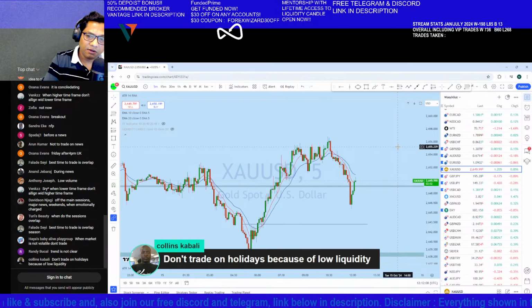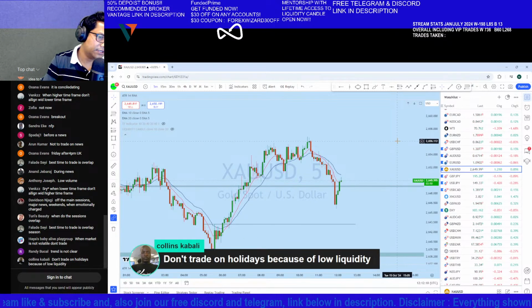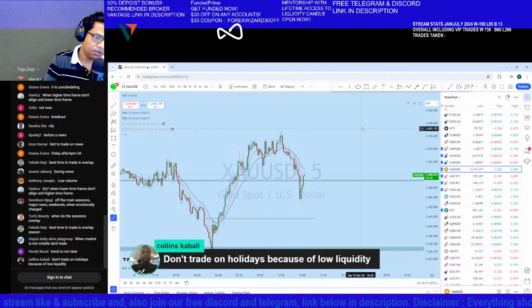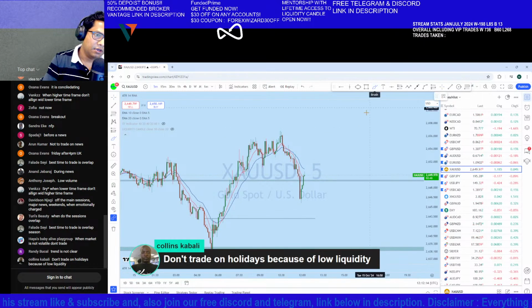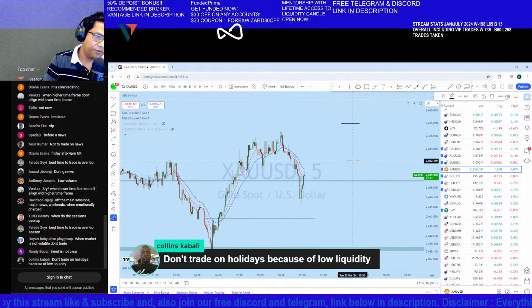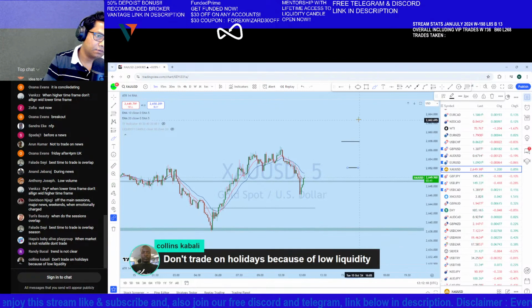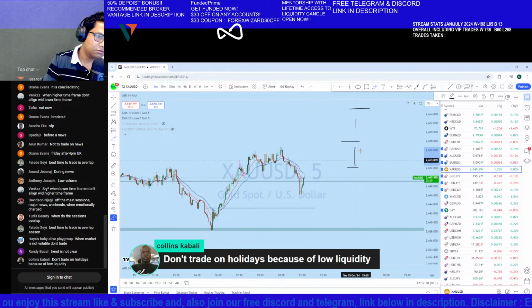So what is probability? Let's understand it in terms of trading. For example, if you have a 1-to-1 strategy, that means risk is 1, reward is 1.